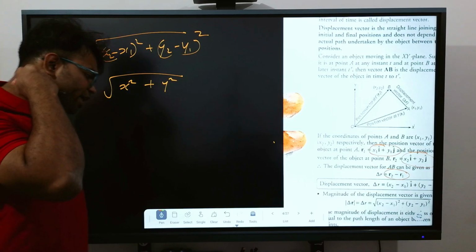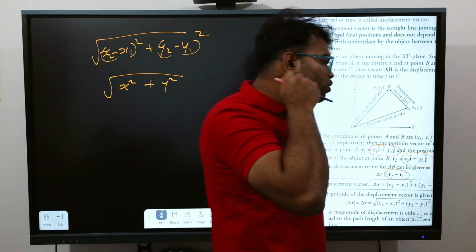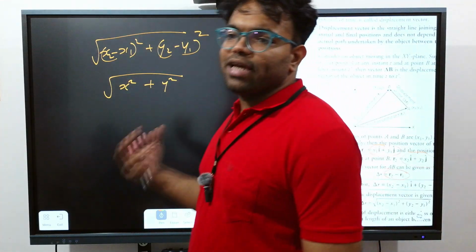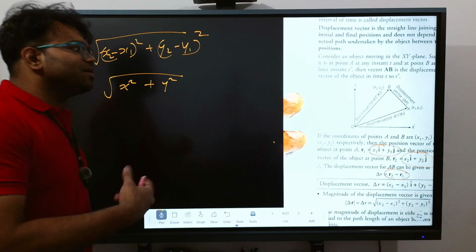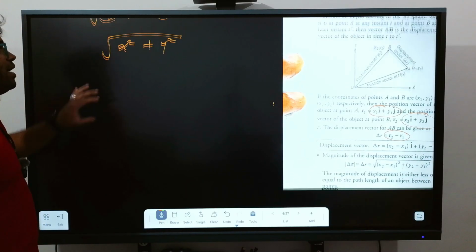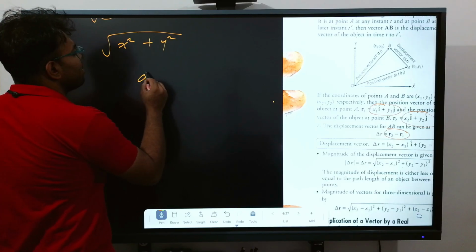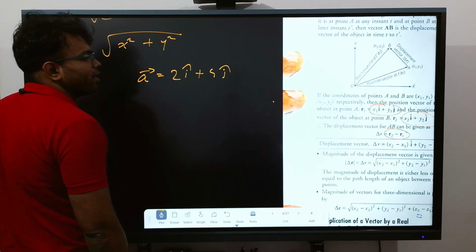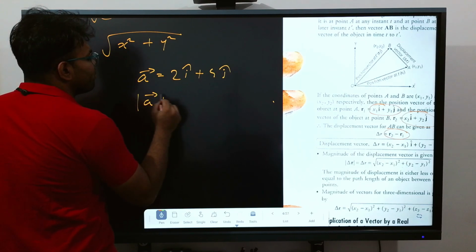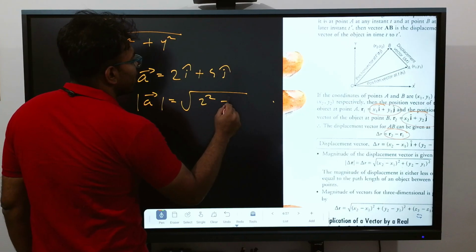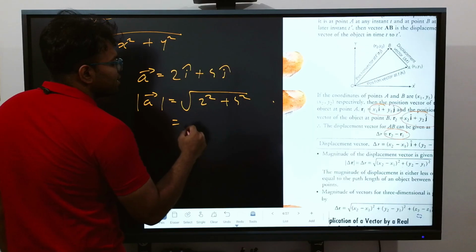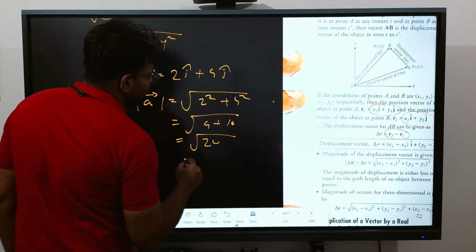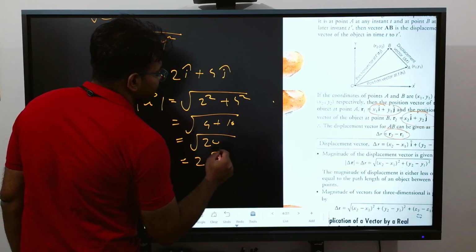Now Drupad, I have already told you that the position vector or a vector represents the distance from one place to the other, right? It represents the position. So similarly, if I say that a vector is equal to 2 i cap plus 4 j cap, then the magnitude of a vector becomes root of 2 squared plus 4 squared, which is root of 4 plus 16, which is root 20, which is 2 root 5.